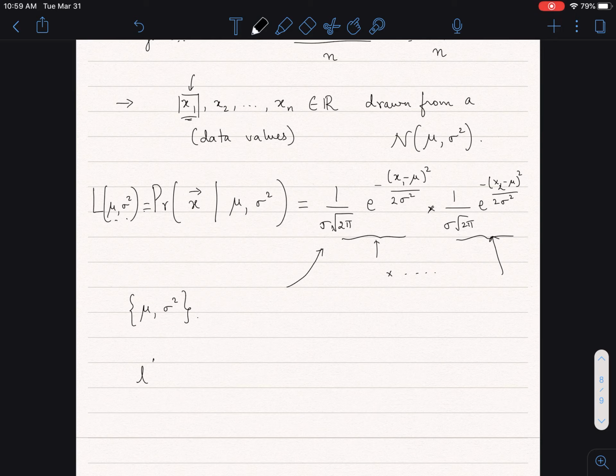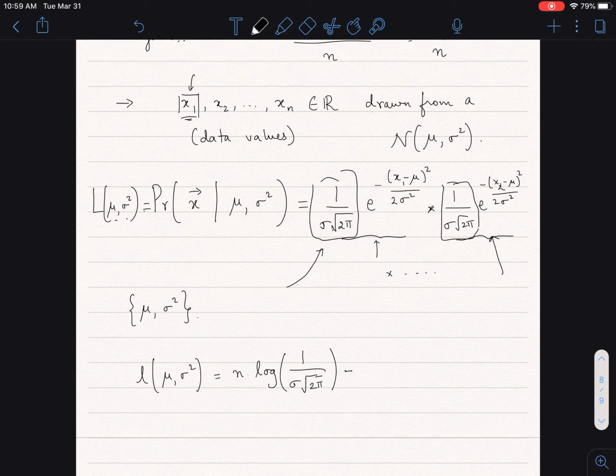Okay, so little l of mu and sigma squared would be, these quantities would remain the same for all the terms. So this would just be n times log of 1 by sigma root 2 pi, plus the nice thing about logs, log of e power x is just x, right?